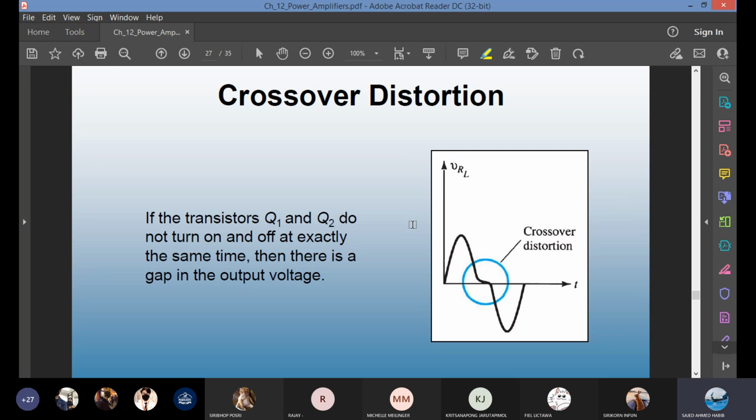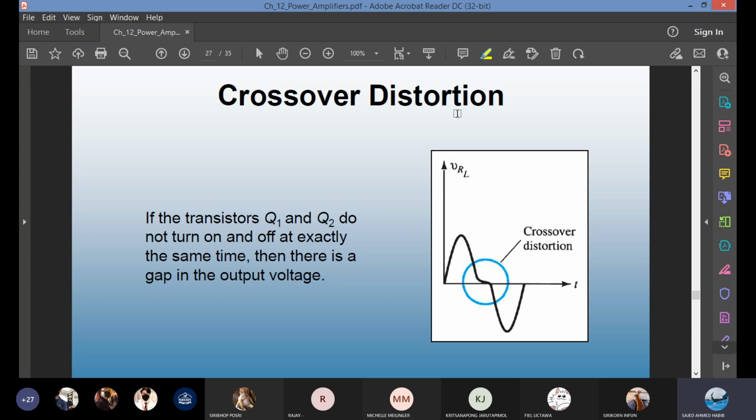When you have a Class B amplifier, you can experience a strange phenomenon known as crossover distortion. Remember, there are two transistors involved. Transistor 1 we call Q1, and the second transistor we call Q2.